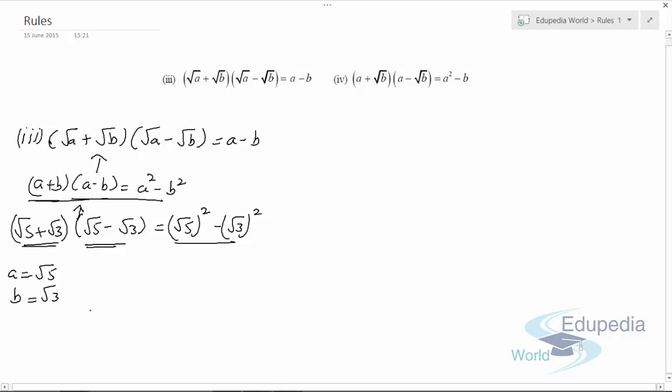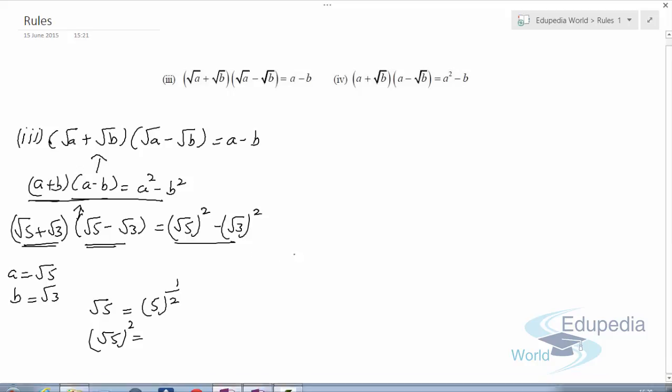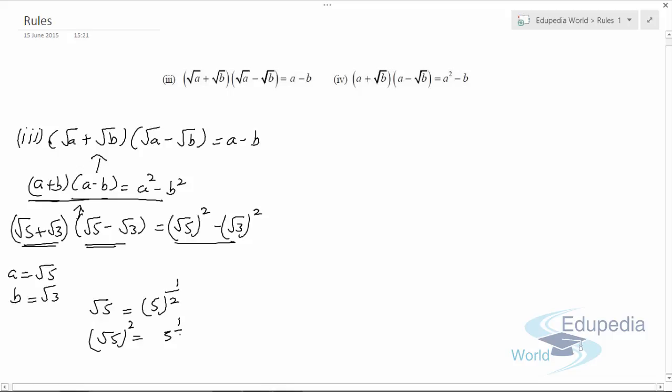Now under root of 5 can be written as 5 raised to power 1 by 2. So under root of 5 whole square can be written as 5 raised to power 1 by 2 whole square.